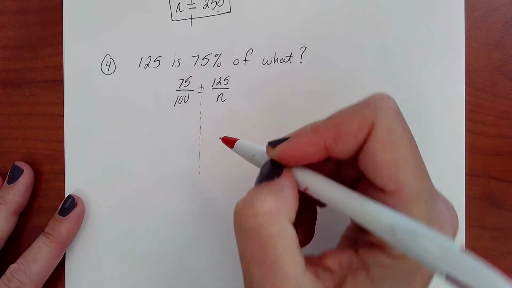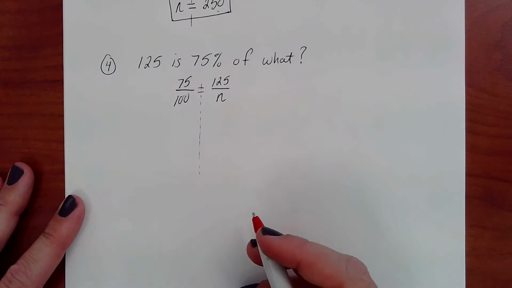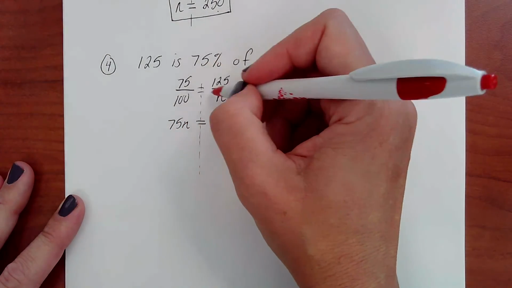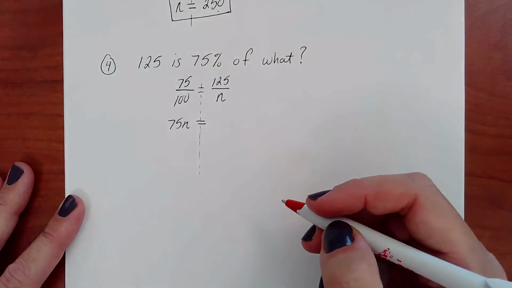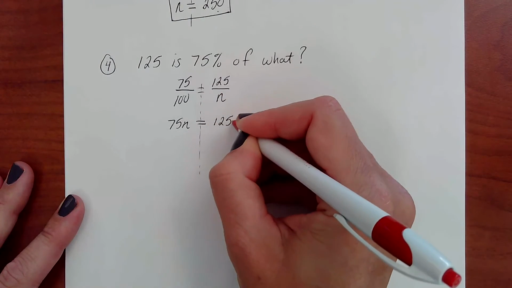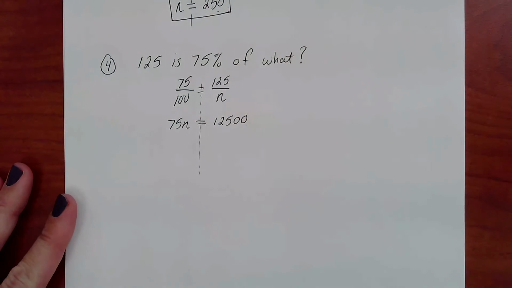Okay. 75 times n is 75n. See, I always start with the variable cross. 125 times 100 is 125 with 2 zeros.